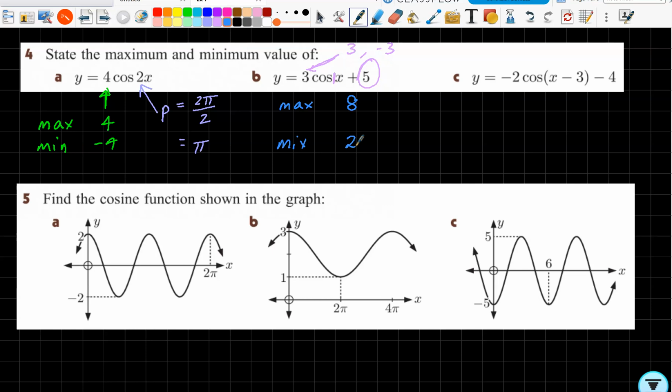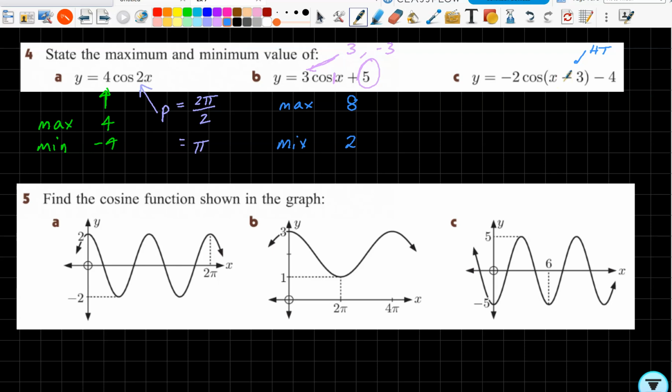They're really testing us now with part C. Is this -3 here going to have any effect on my maximum or my minimum? No. What does the -3 do? That is your horizontal translation, and so it shifts the graph. Which way?